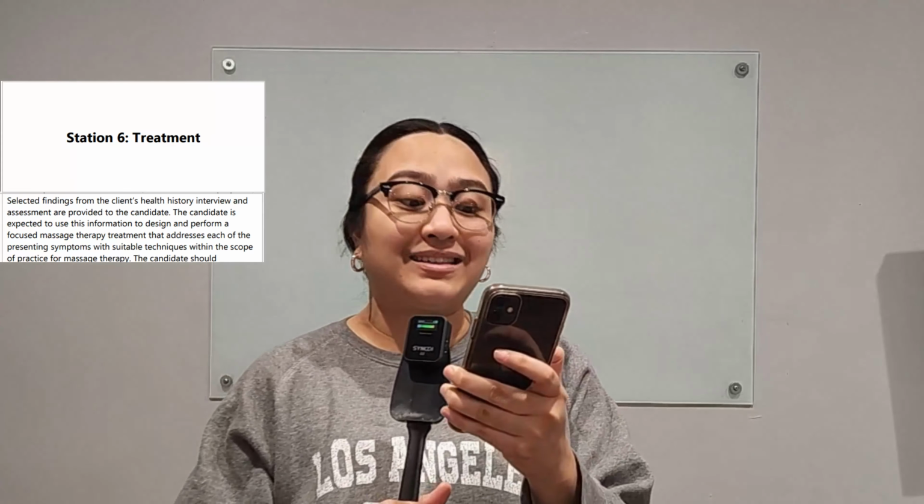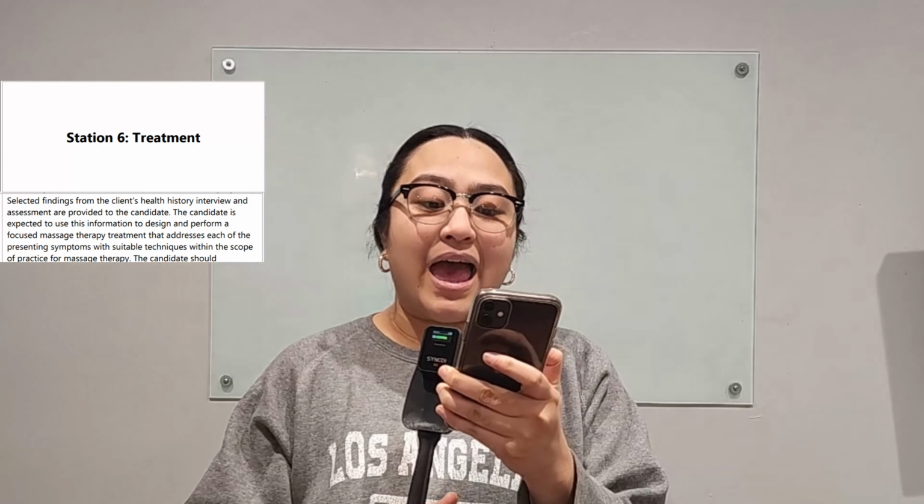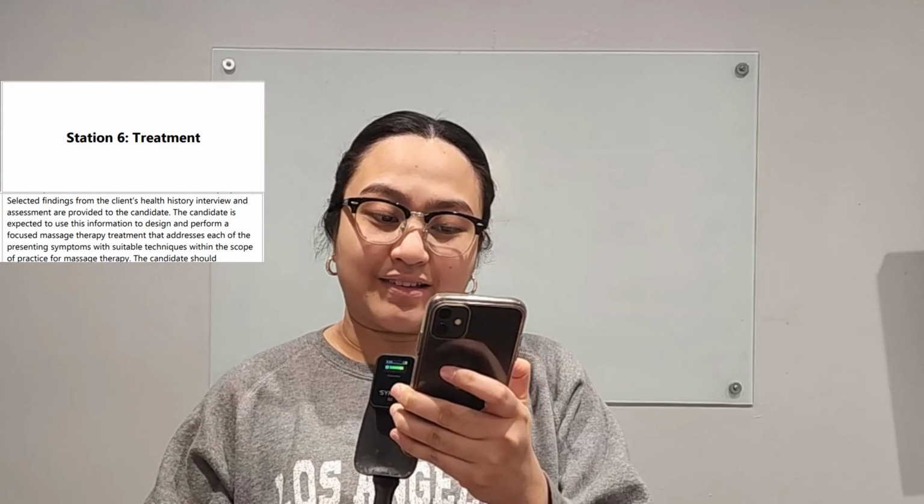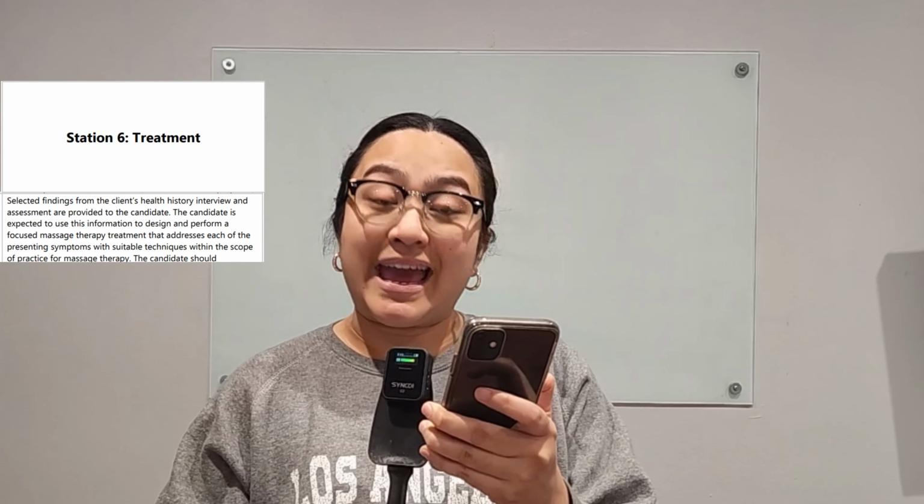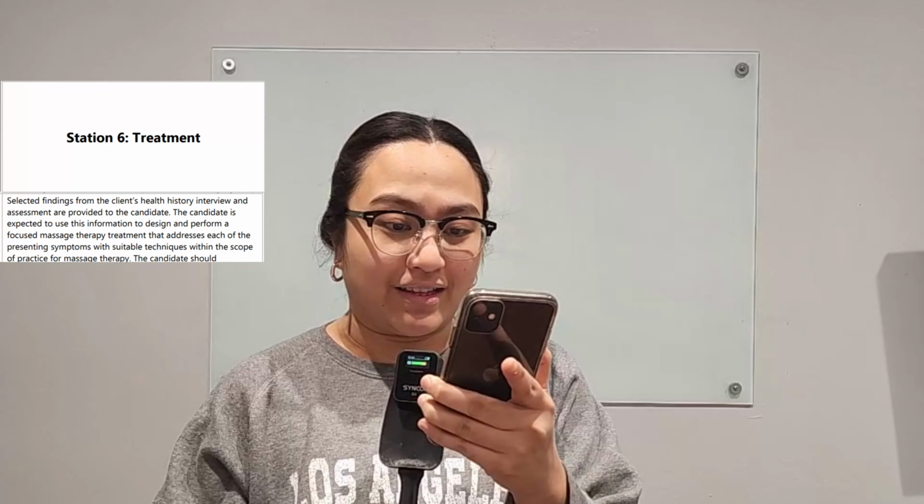So now we are going to start, obviously, by reading what's on the two stations. For the treatment station, selected findings from the client's health history interview and assessment are provided to the candidate. So they're going to be giving this to you.